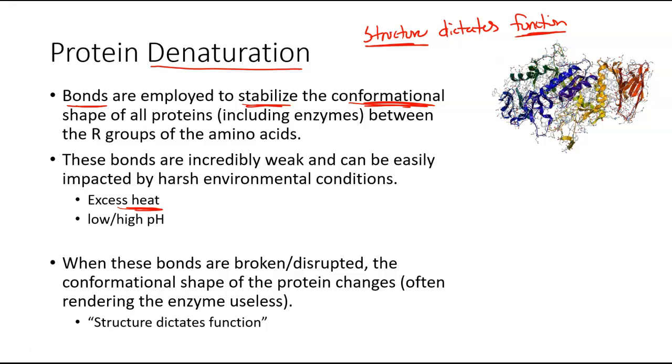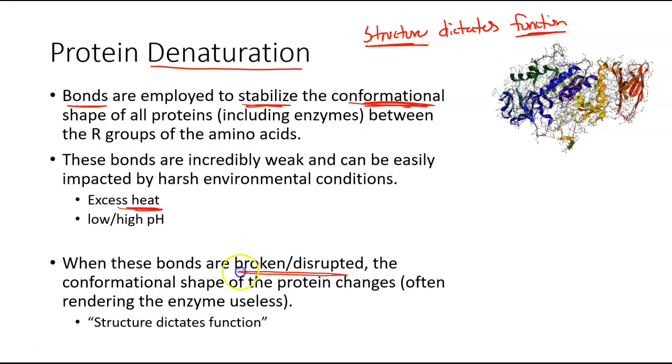And so if these bonds that are designed to produce the specific shape start breaking, then it's not hard to conceive that the shape of that enzyme that is held by those bonds is going to start to change. And when the shape of that protein changes, we call that denaturation.